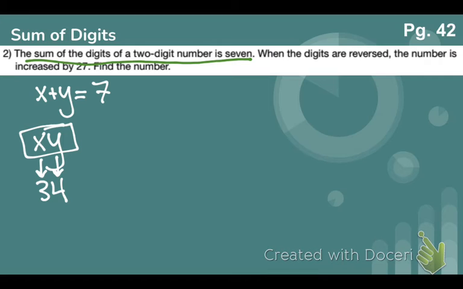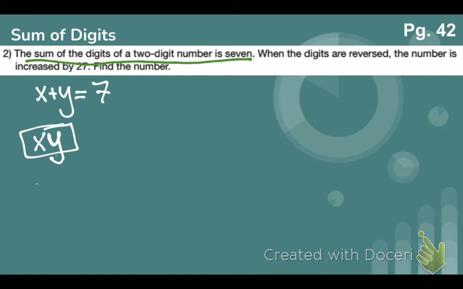The second part says when the digits are reversed, the number is increased by 27. So, here, I'll rewrite it. We're going to call our number xy.